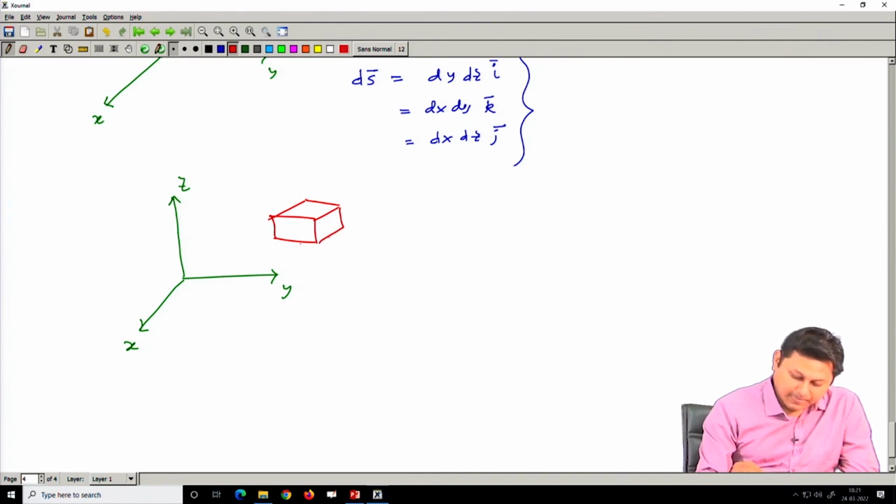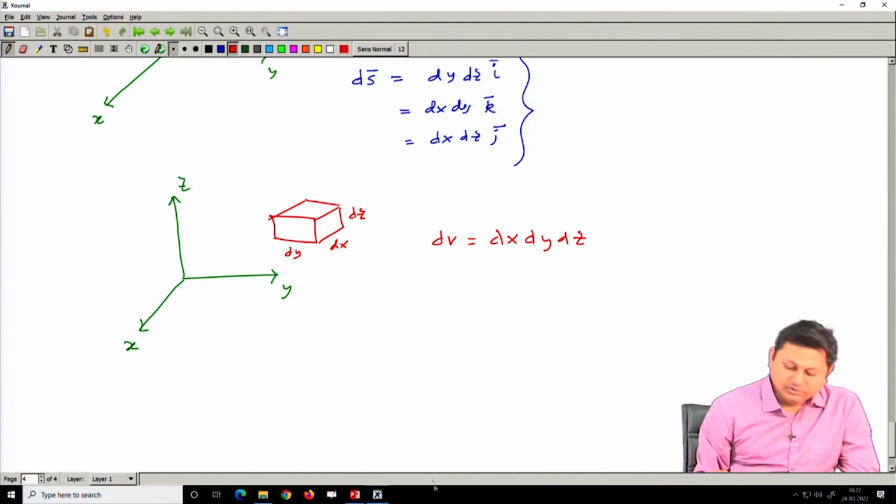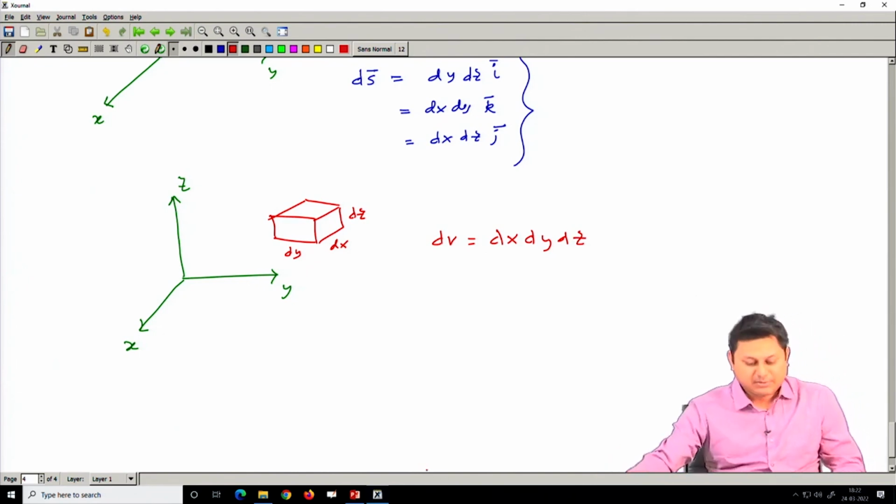Along this direction this is dx, along this direction this is dy, and along this direction this is dz. So my volume element dV is equal to dx dy dz, as simple as that. This is called a differential volume element.